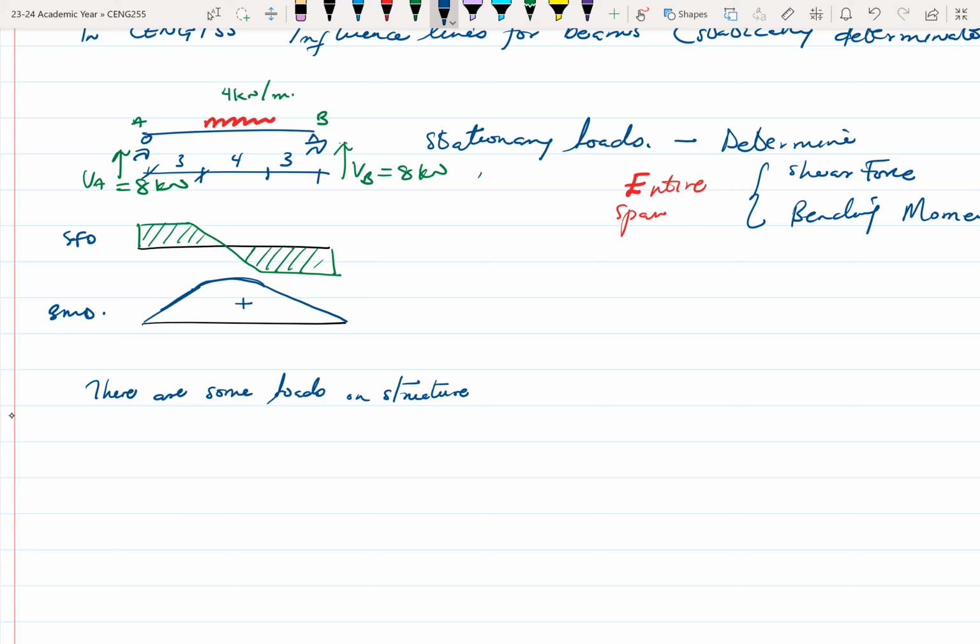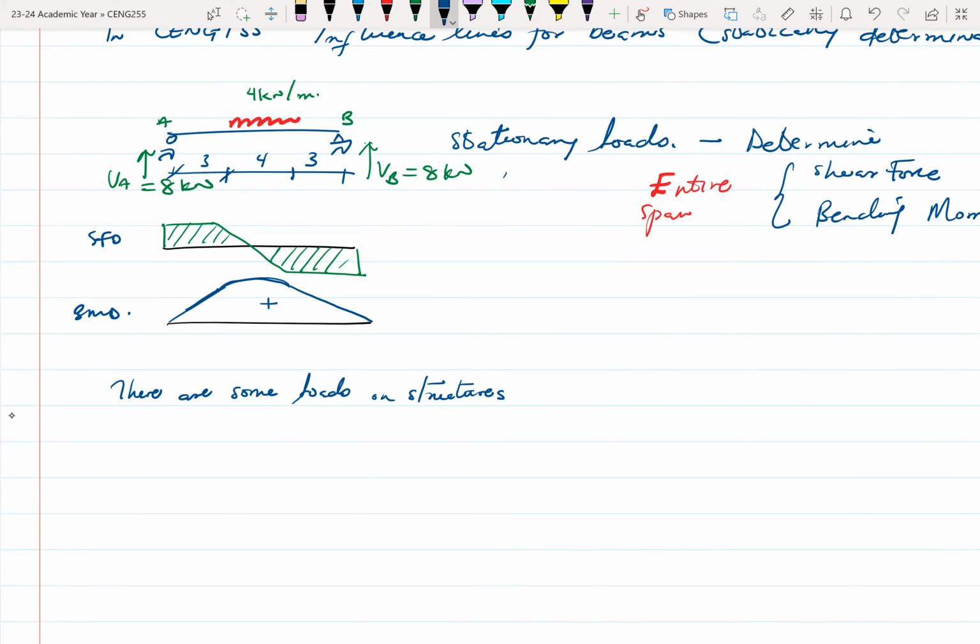There are some loads on structures that are live or moving.